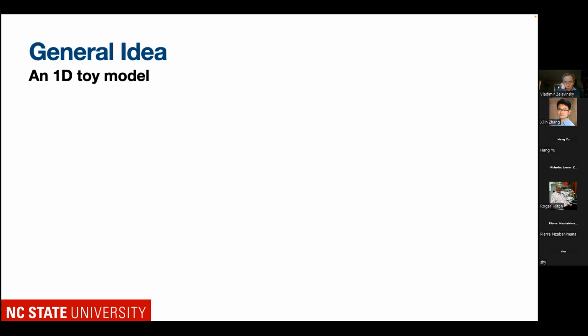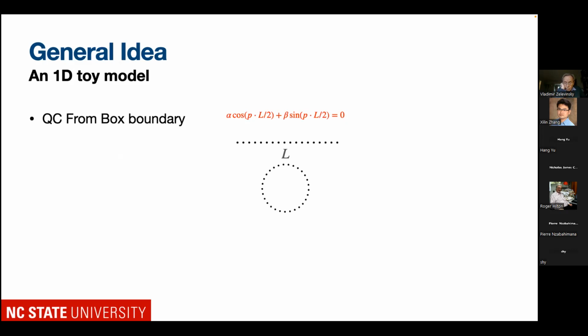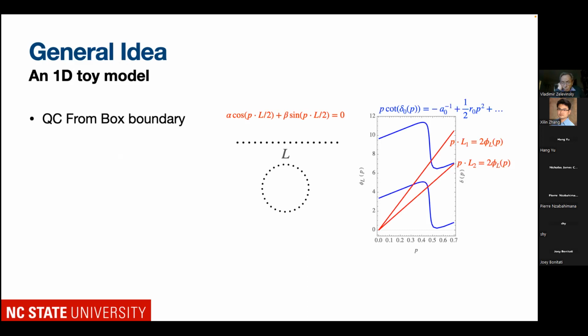So how does this quantization condition work? We have a 1D toy model. The quantization condition from the box boundary gives these nice equations in 1D and makes the single 1D lattice into a circle. If we look at the diagram, the relation between the phase shift from the boundary condition is going to be a straight line, the red line here.